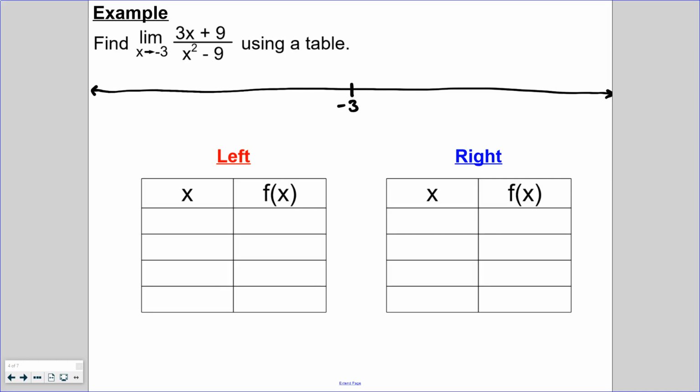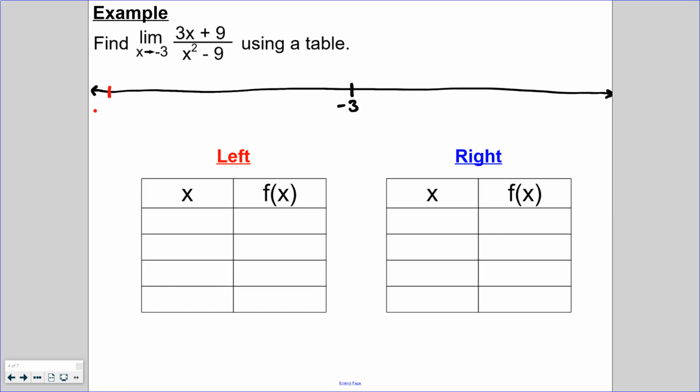Now, these are a little bit different because our x values are negatives. And negatives kind of flip things around. So, looking at the left-hand side first, we're going to want to find numbers that are less than negative 3. So that means we're going to be looking on this side of the number line because it's less than. And that side of the number line goes like negative 4, negative 5, negative 6, negative 7. So, we want to pick a number that's less than negative 3, but also close to it.